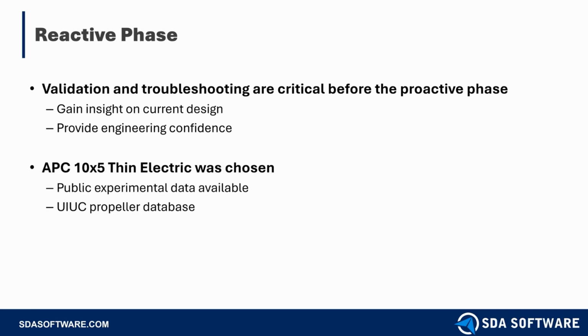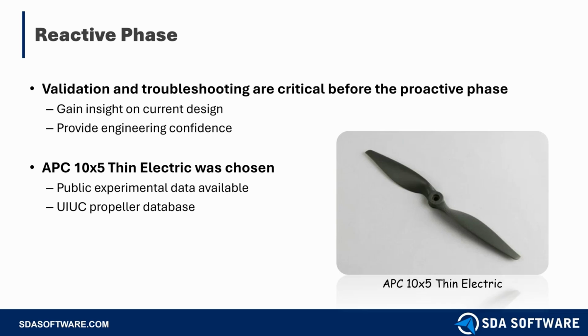When it comes to our validation, we chose this stock blade because there's a lot of public experimental data available, even from the vendor. We were able to cross-reference it with the University of Illinois Urbana-Champaign's Propeller database, so we have a lot of confidence in the experimental data.